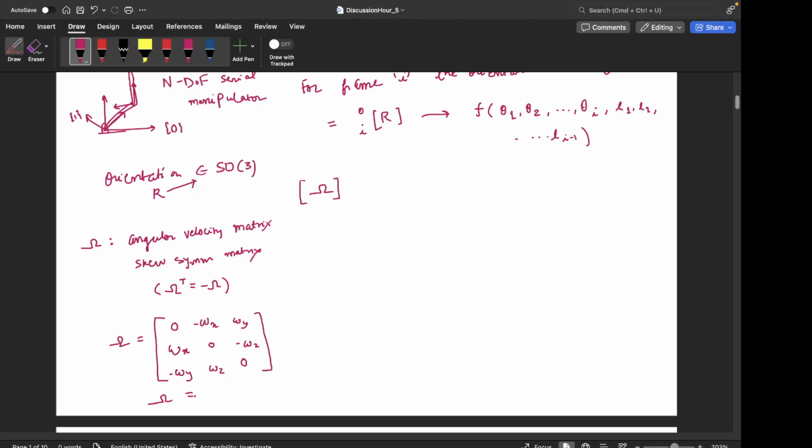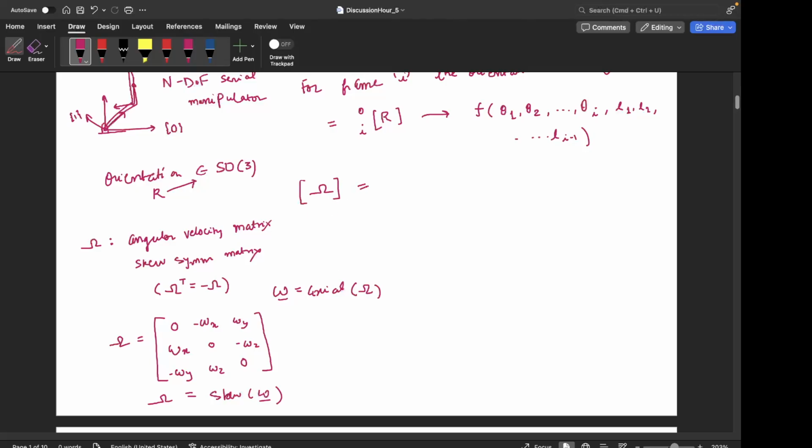So this is also written as skew of the omega vector, right? And the omega vector is in turn called the axial vector of the skew symmetric angular velocity matrix. We can keep this in mind.